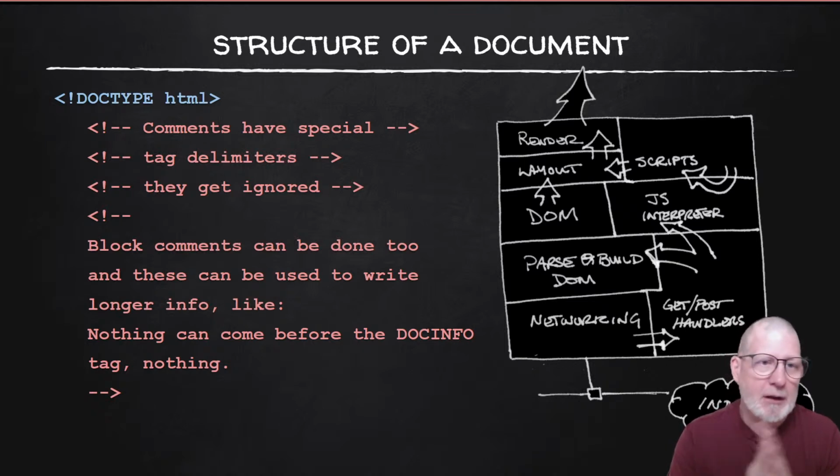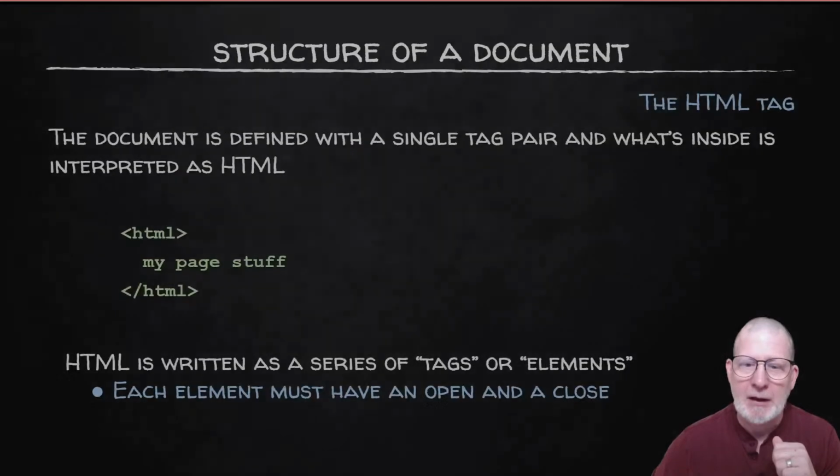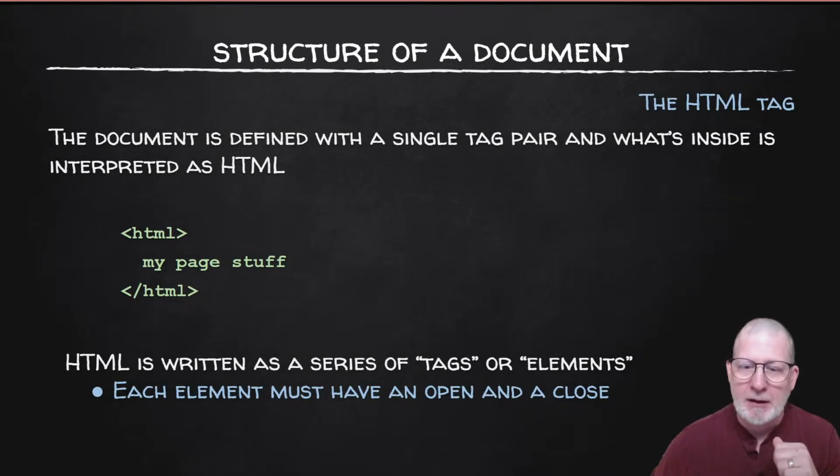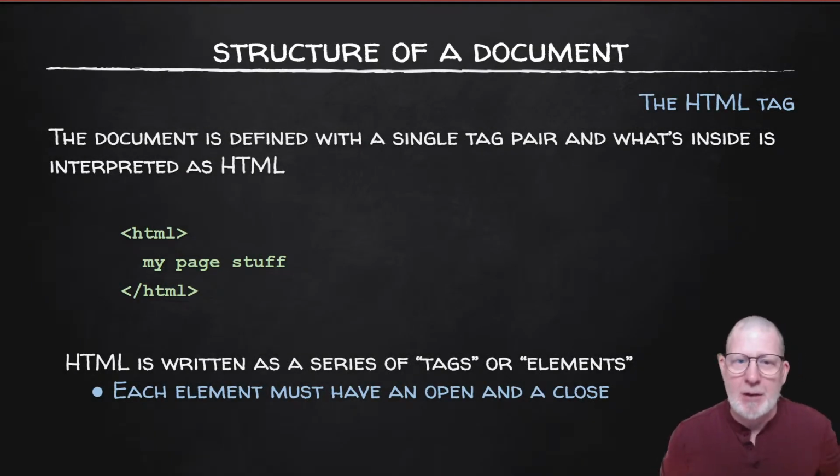All right, let's start into what the tags are that we're going to put into our document. The first tag you've seen me use is the HTML tag. Every HTML document starts with that HTML tag. That HTML tag has a beginning and an end, and the browser largely ignores everything after the end.